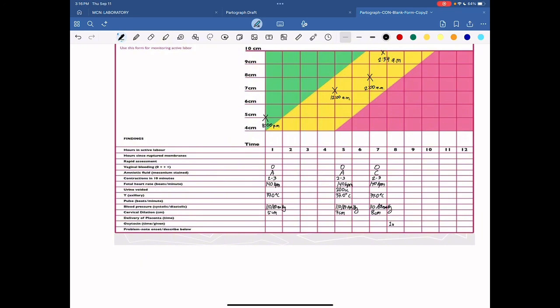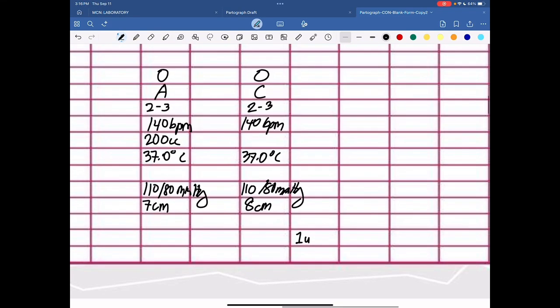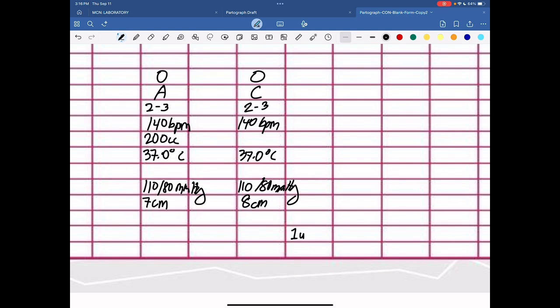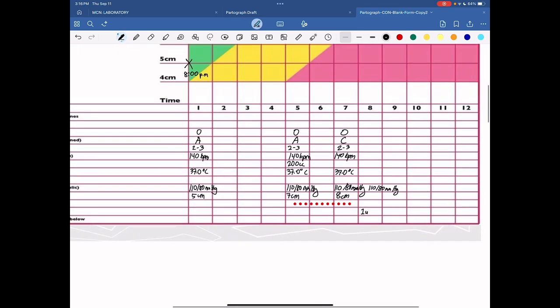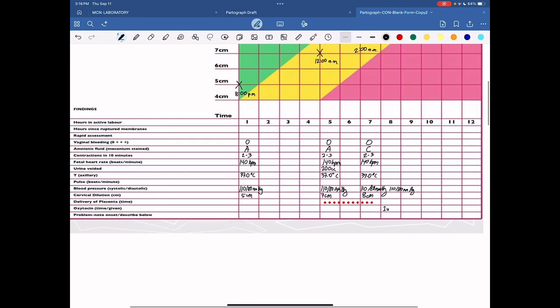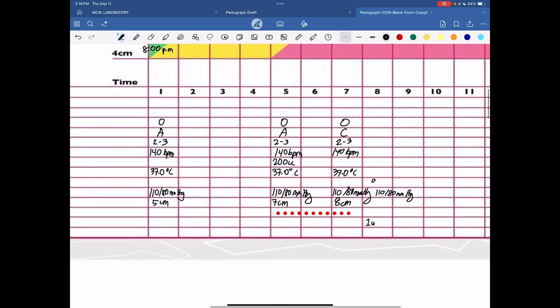Other findings include the vital signs: blood pressure is the same at 110 over 80 millimeters of mercury. Then we have the pulse rate at 98 beats per minute. Finally, there is data for the pulse, 98 beats per minute.